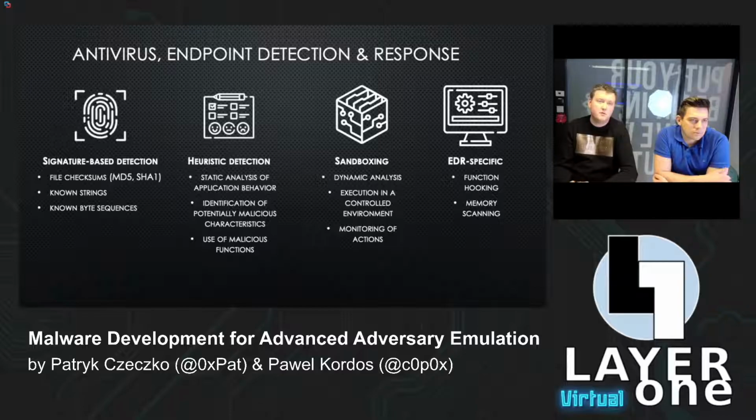This is a very trivial one. Also, this signature-based detection consists of known strings detection, like malicious strings within your application, and known byte sequences. This is very trivial to perform by antivirus solutions. But if something is really trivial to detect, probably it will be very trivial to actually fool the antivirus solution, which we'll show you in a few minutes.